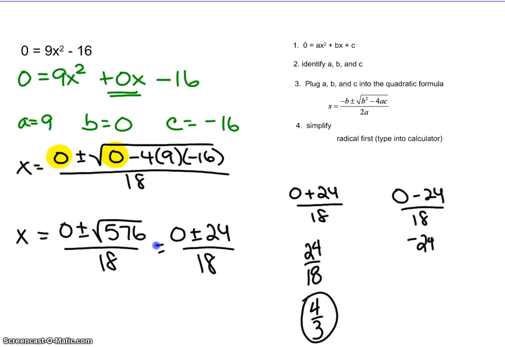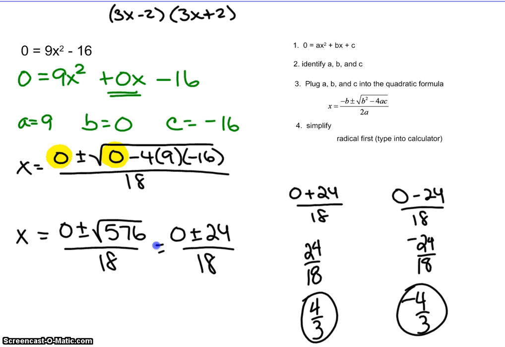Negative 24 over 18, negative 4/3. Okay. This is a case where I'm getting opposites. And if some of you recognize, the reason is because I have a difference of squares, which I could factor like that as well.